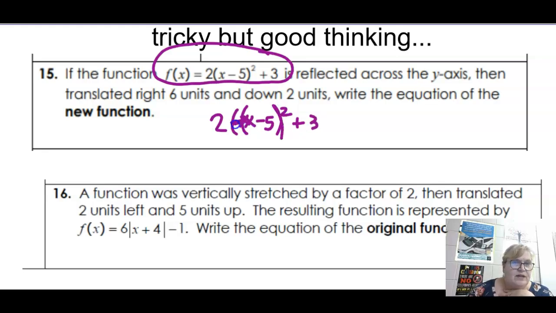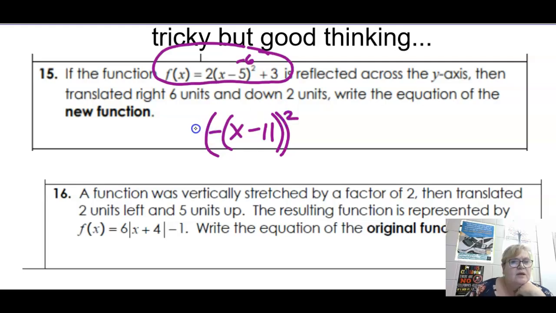All right, there's a negative there and then an x. I didn't write that well at all. I'm going to erase it anyway because now we are supposed to go 6 units to the right. It's already 5 units to the right, so if we go 6 more units to the right, we're going to end up with an x minus 11 in there. And it actually wouldn't matter if you put the negative inside or outside of that.